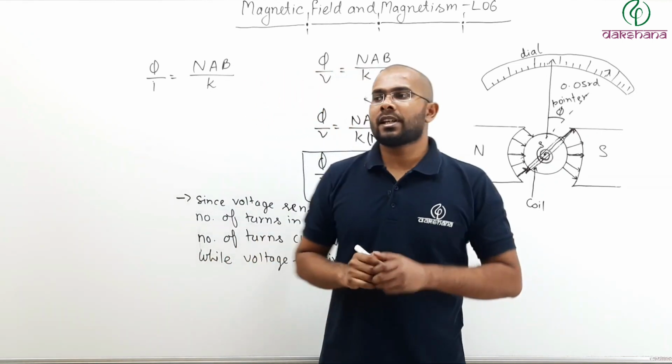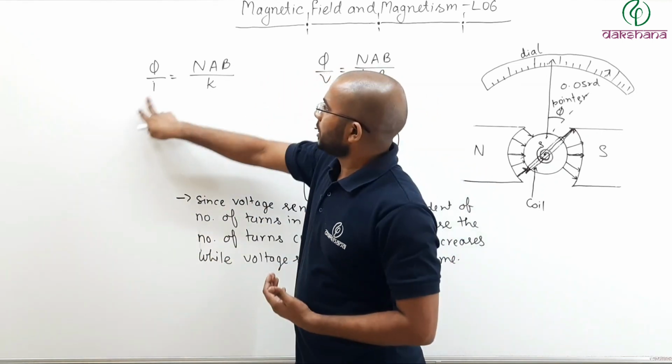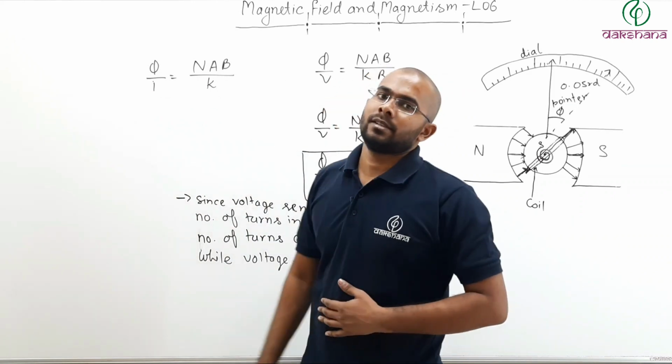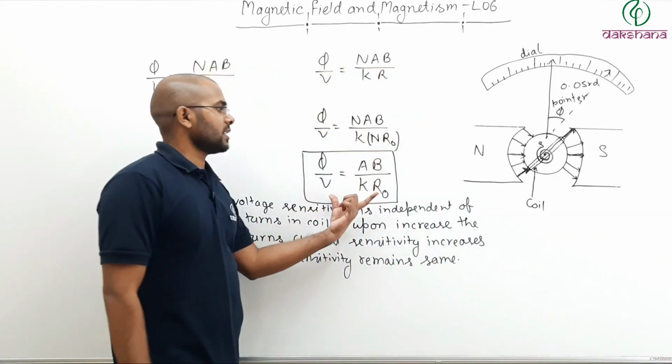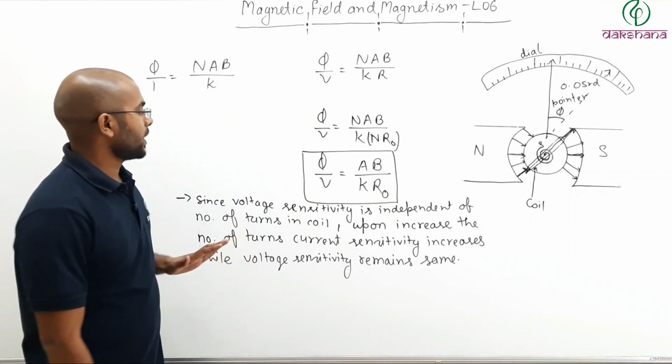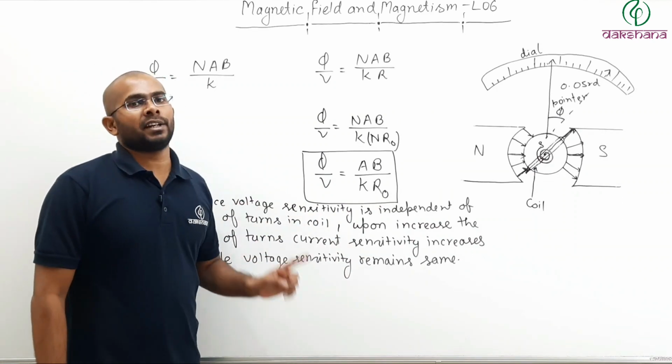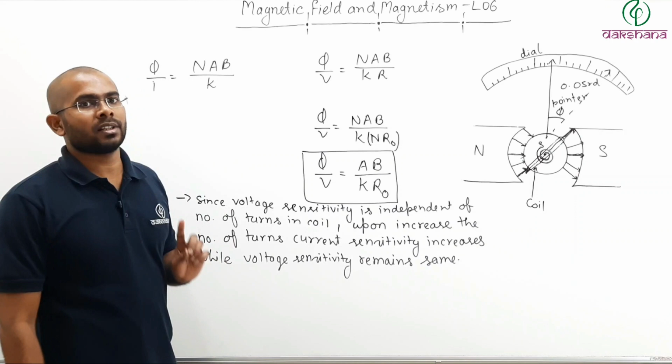So when you increase the number of turns, your current sensitivity will increase, but your voltage sensitivity will not increase because it is independent of number of turns in the coil.